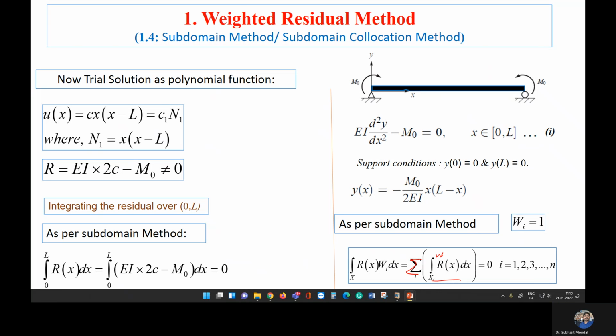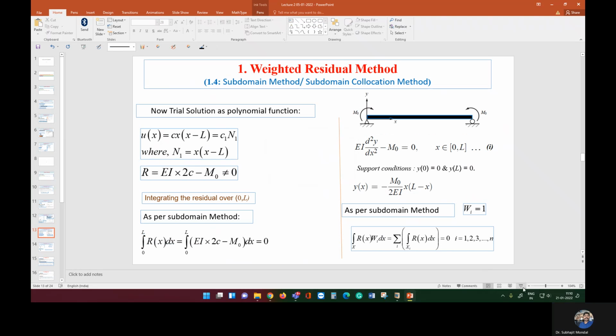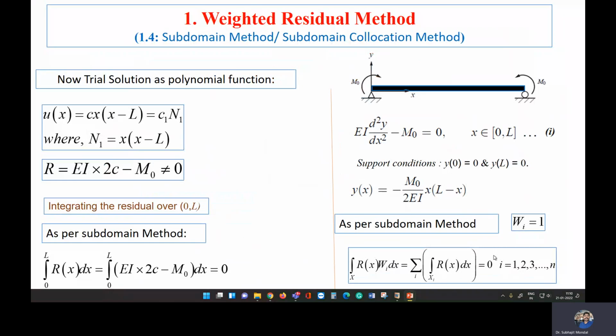So here the value of the weight function will be 1, and we have to integrate only the error function. We assume a trial function u equal to a plus bx plus cx square. Again, I'm repeating that our trial function should satisfy the boundary conditions of the actual physical problem.